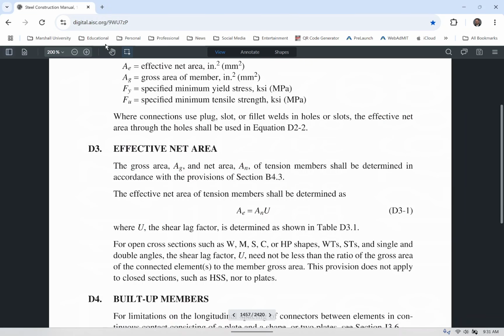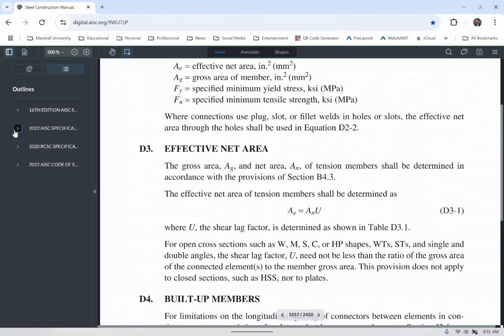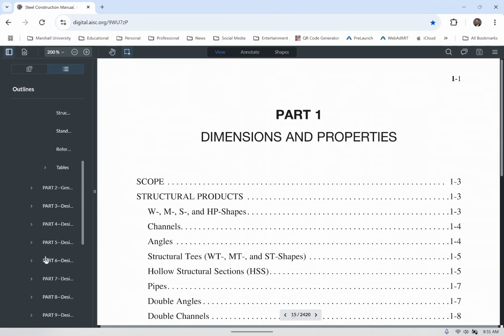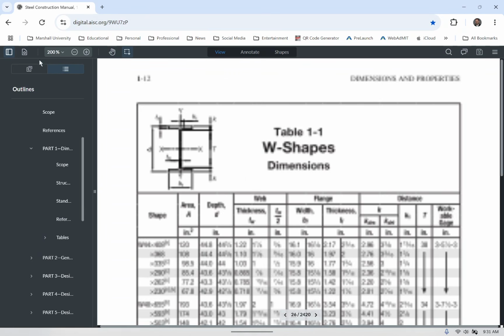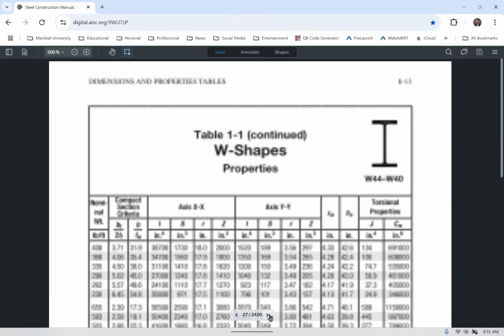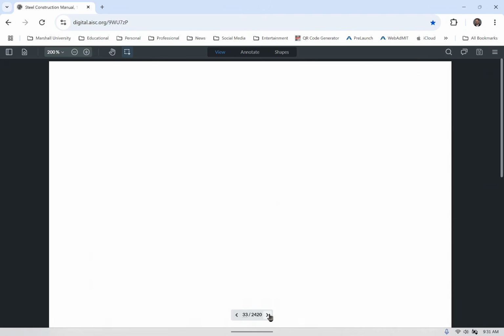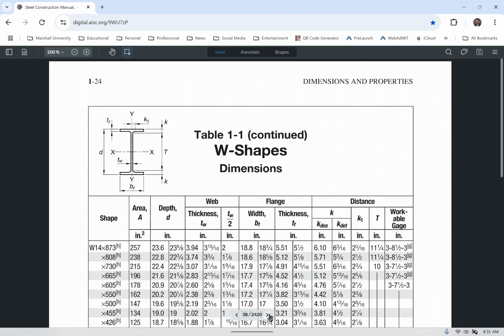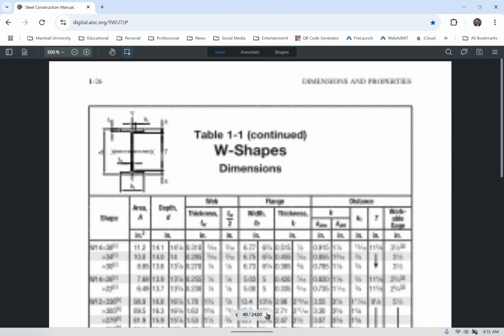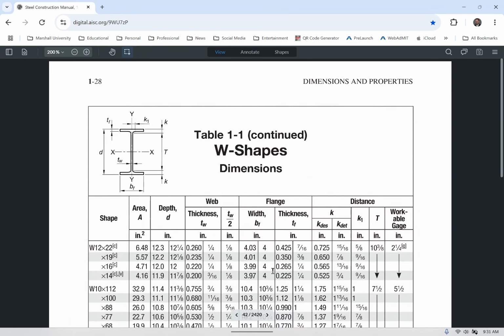So here's the manual. Okay, so we're in table 1.1. Probably right here.